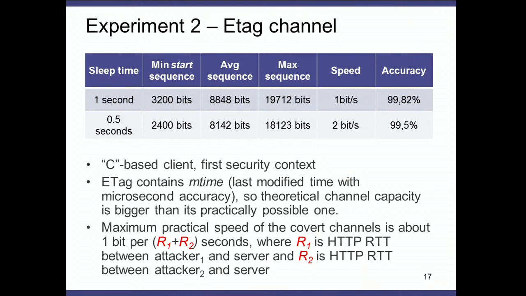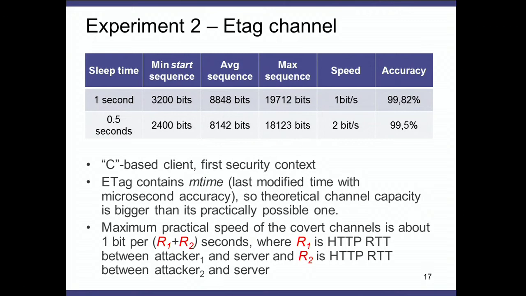Let's take a look at ETag. It's similar, but ETag stores time in a different format with the precision up to a microsecond. That's why theoretically we can get a channel throughput of up to 10.6 bits per second. Normally we get 1 bit per R1 plus R2 seconds.